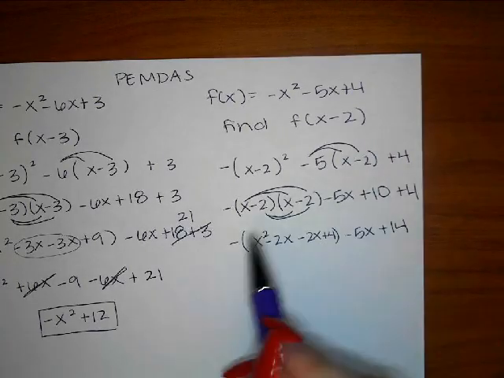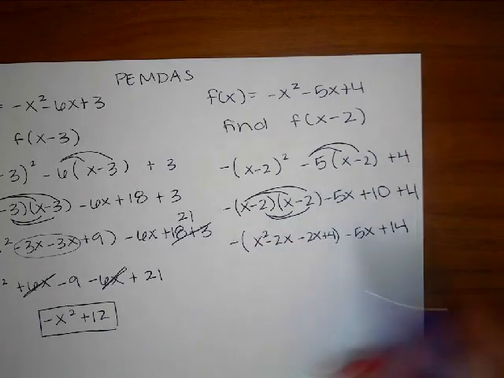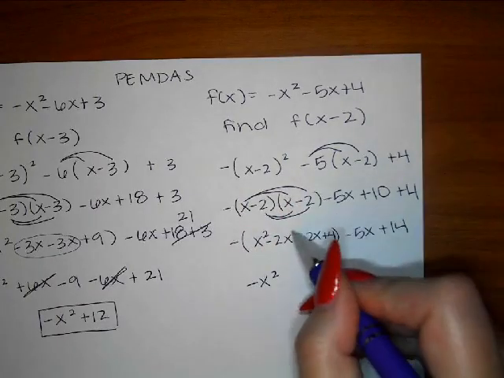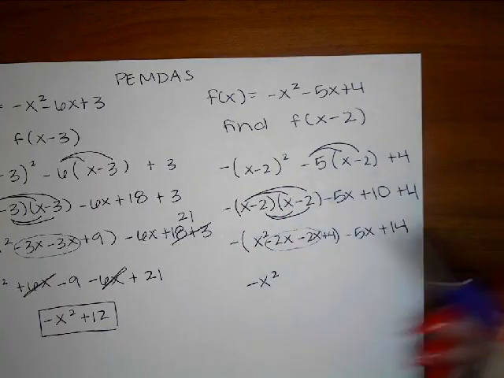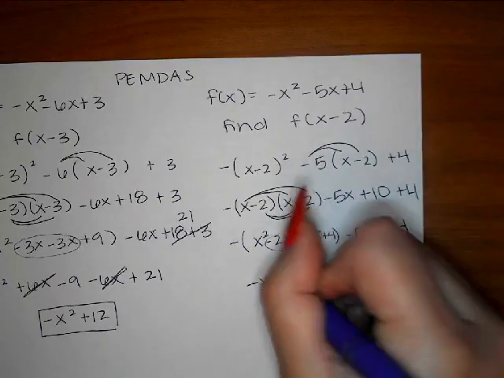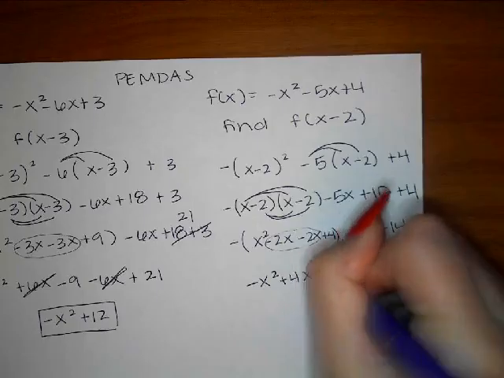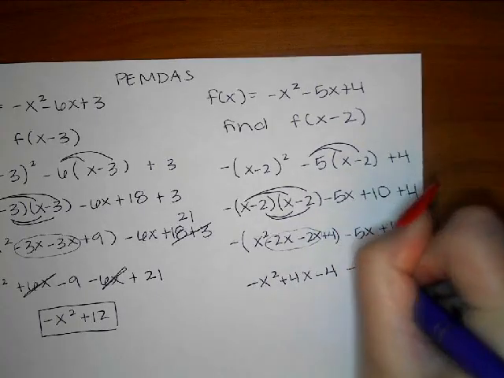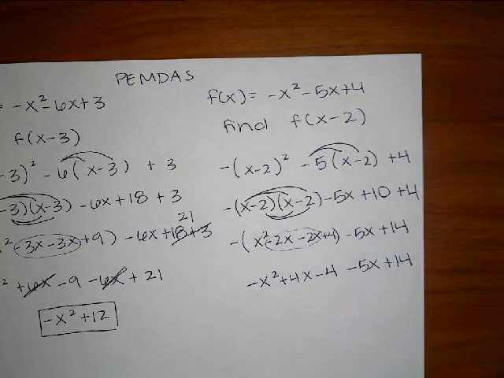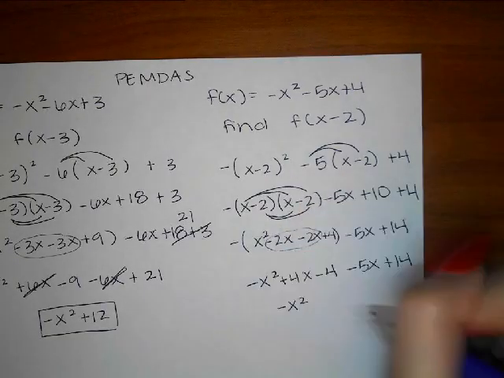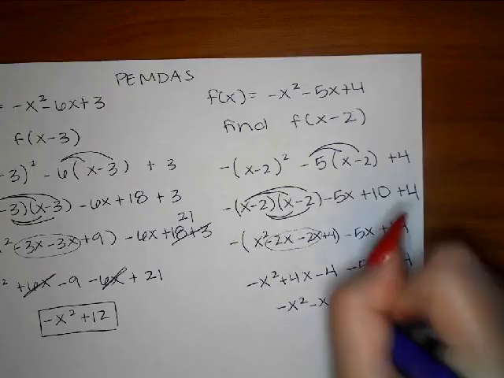And then I can go through and distribute that negative. So negative x squared. These together are negative 4x. So if I multiply by a negative, I get positive 4x. Minus 4, minus 5x, plus 14. So for this problem, I should have had negative x squared minus x plus 10.